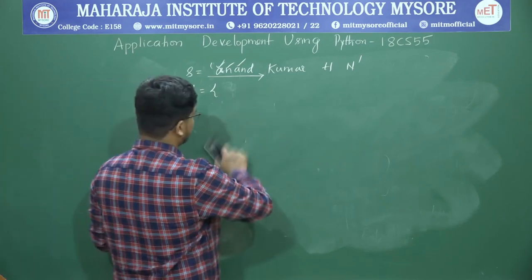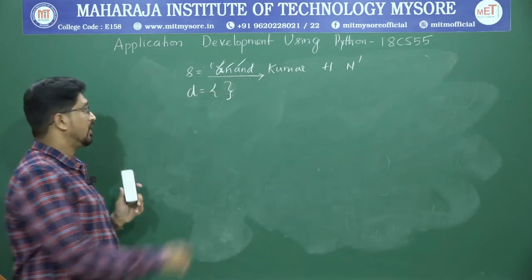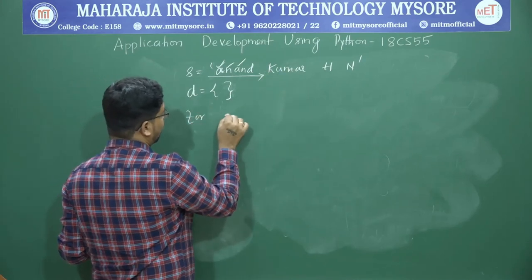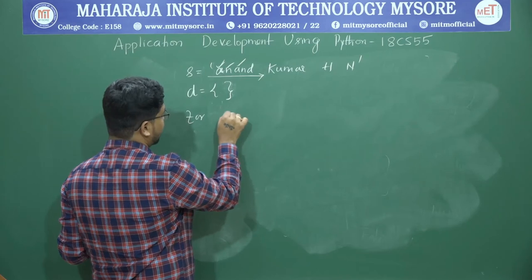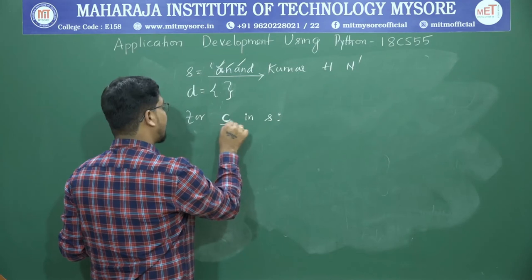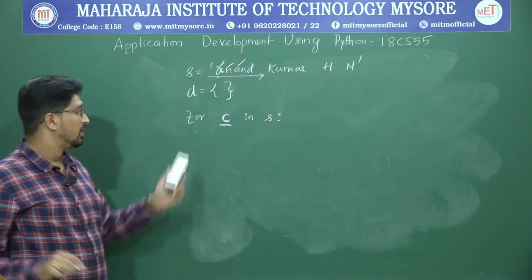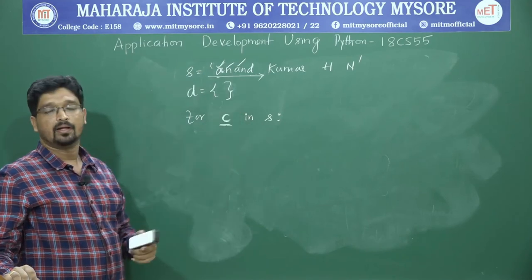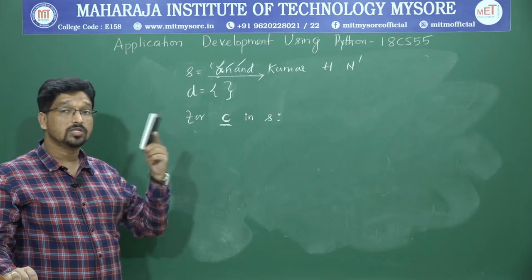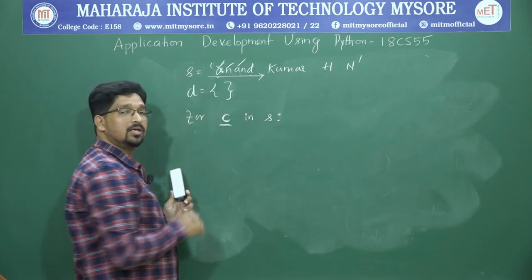Okay, for that let us write the code. How to access each individual character? Let us consider a for loop. For C in S, I am trying to access each character by a variable called C. Then you should check whether C already exists in the dictionary.